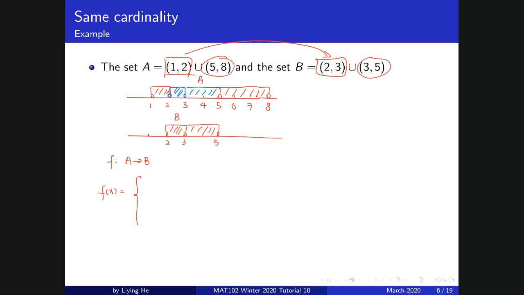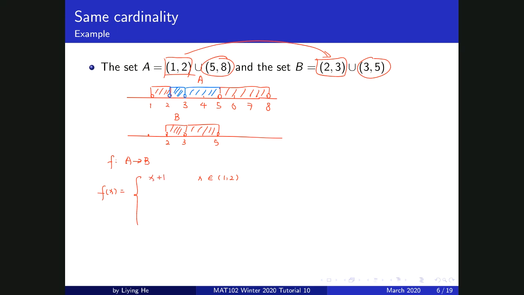So when x is in 1, 2, you want to map this to 2, 3. What is a function that can map 1, 2 to 2, 3? Just x plus 1. Exactly, just x plus 1.